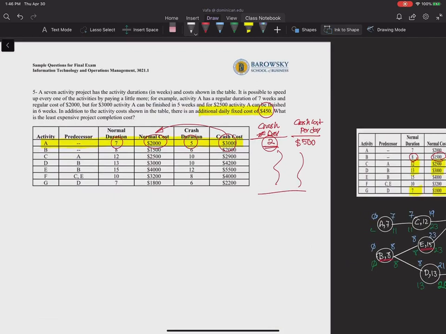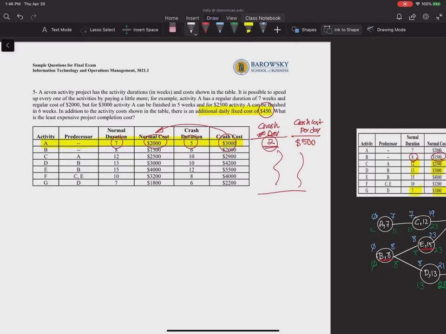This is again one of the most comprehensive crashing activities that you can see again for your final exam, which is a multiple choice exam. This question can generate a few different questions. For example, you can have a question as simple as what is the crash cost per day for activity B, or what is the maximum possible reduction in the project.